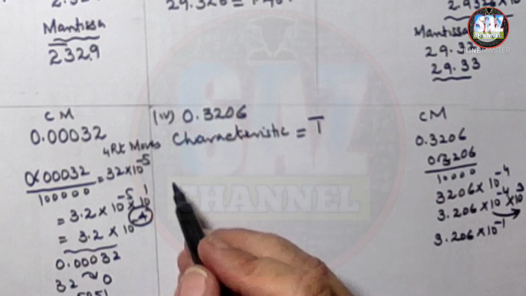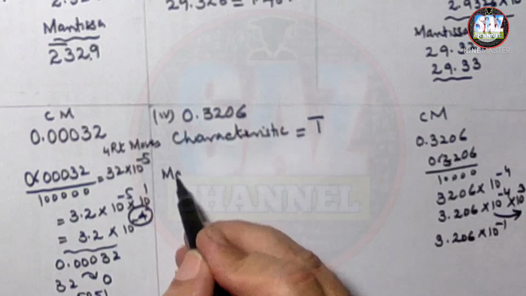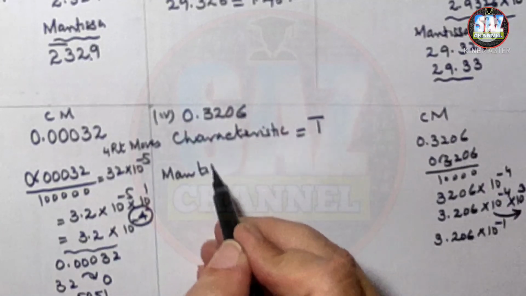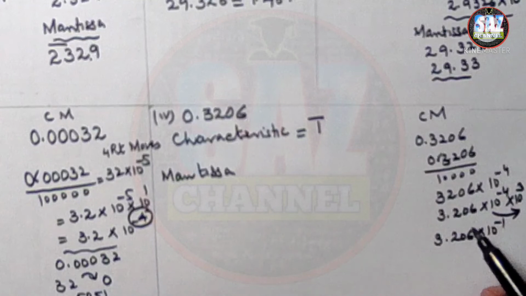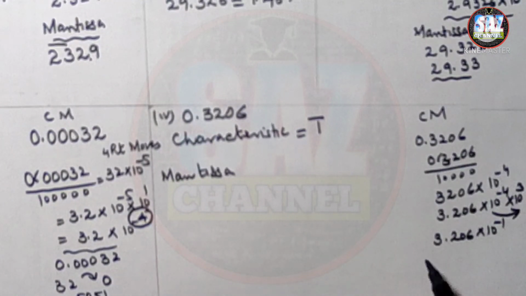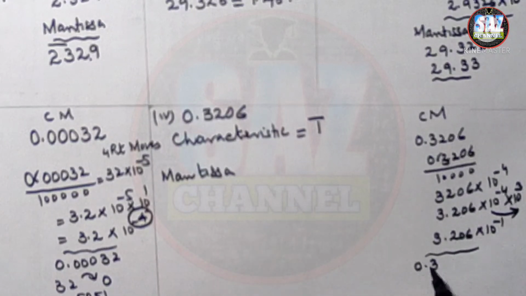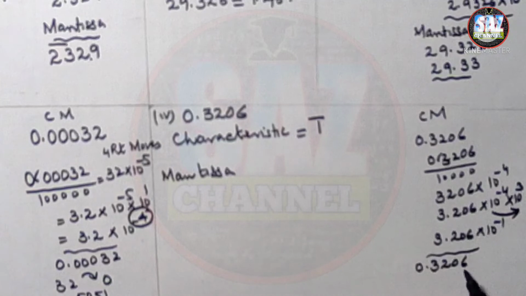And for the Mantissa purpose, we have to write the given number nearest to 4 significant figures. So nearest to 4 significant figures, the number is almost complete. We don't have any extra digits, so 3206.